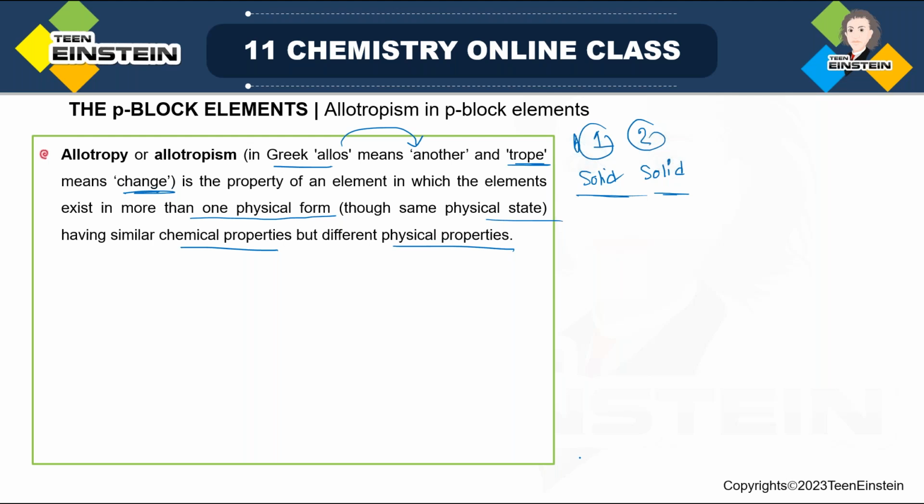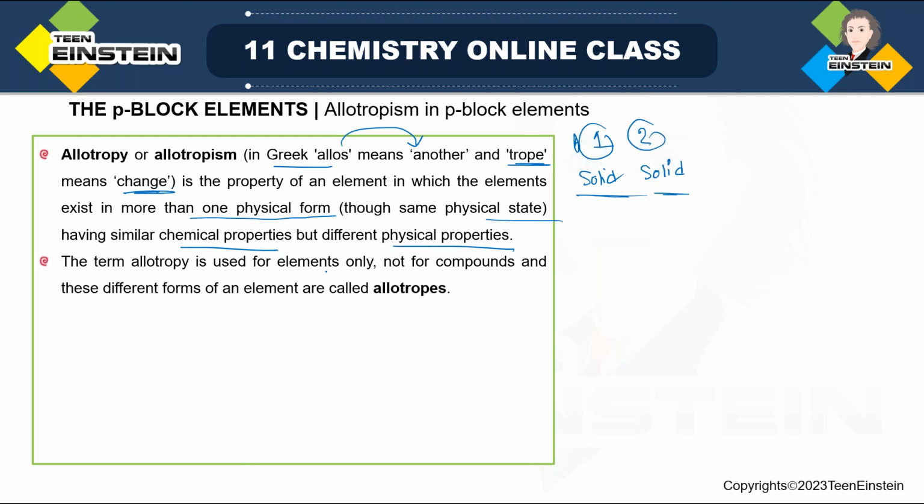But chemical properties are related to the number of valence electrons, and we are not changing the valence electrons, otherwise the element itself would change. So chemical properties are not affected. Both of them show the same chemical behavior. There may be a slight difference in the reaction conditions, such as temperature or solvent, but mostly they will yield the same type of products. That means chemical properties are the same, but physical properties will differ. Okay.